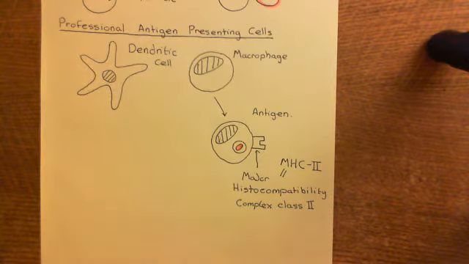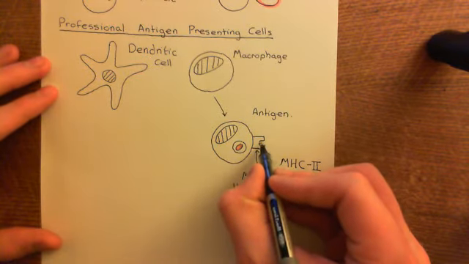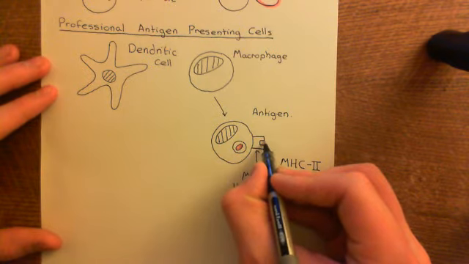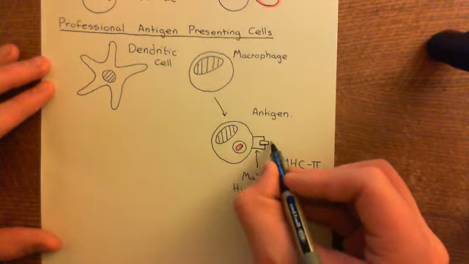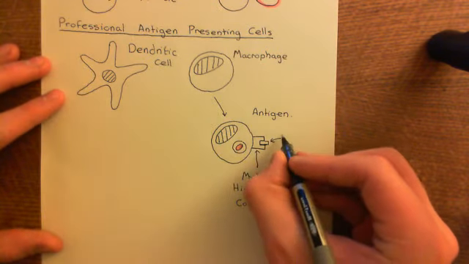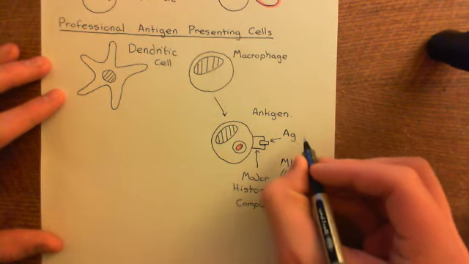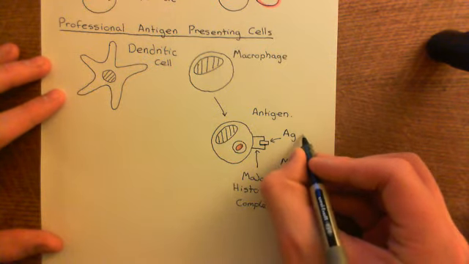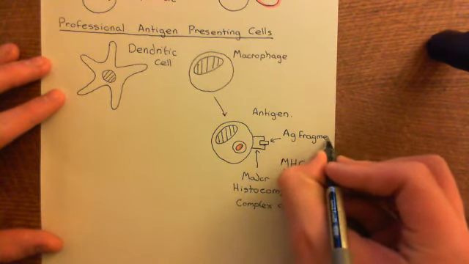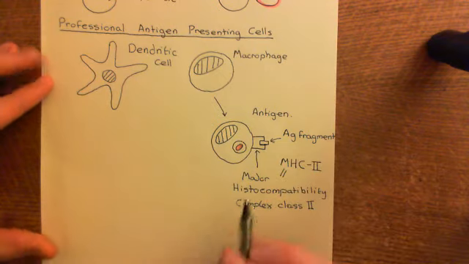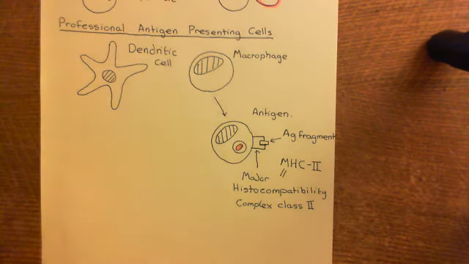Now, basically, we are going to stick a little fragment of the antigen in this little space that I've shown here. So we're going to put a snippet of our antigen in here. So this is a fragment of the antigen. So the shorthand for antigen is to write AG for short. Okay, so this is an antigen fragment, okay, and it's now sitting in this little cleft within the major histocompatibility complex.